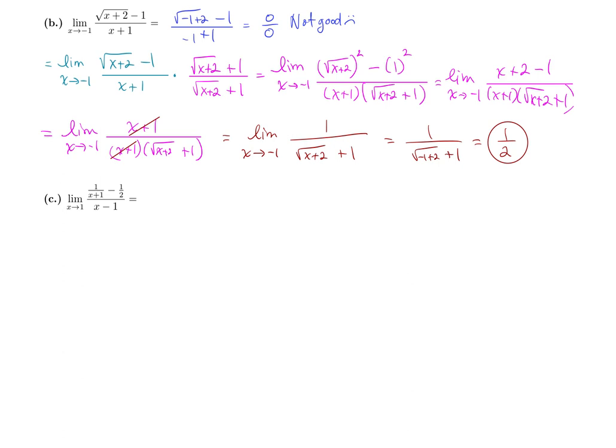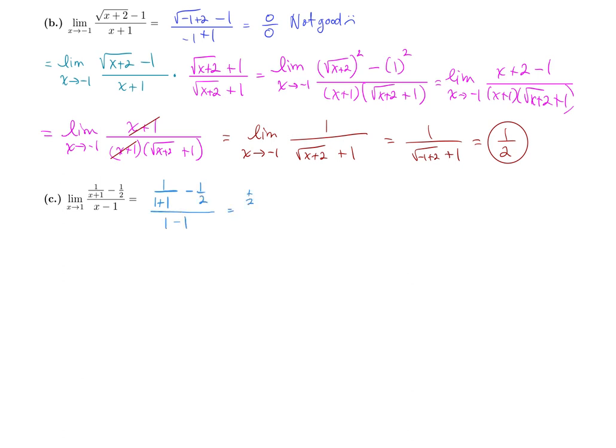So let's start with example C from the indeterminate limits example 2.3.4. For this one, we wanted to find the limit as x approaches 1 of 1 over x plus 1 minus 1/2, divided by x minus 1. When we plug in with direct substitution, we get 1 over 1 plus 1 minus 1/2, all over 1 minus 1.